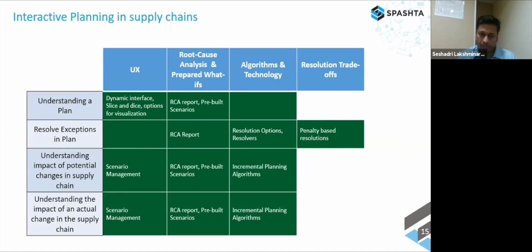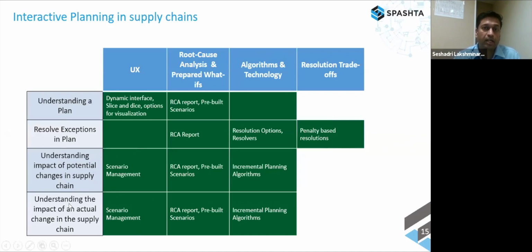And you can get that insight only if you say, okay, if my demand is going to go 10% up, these are the issues that I can face. Or if this factory or this supplier is not going to provide it within the lead time that he's promising, then what are the implications? So doing those what-ifs on potential changes, number one.